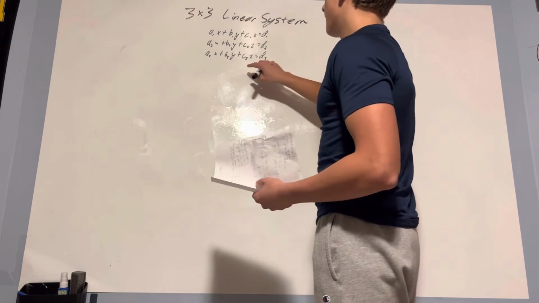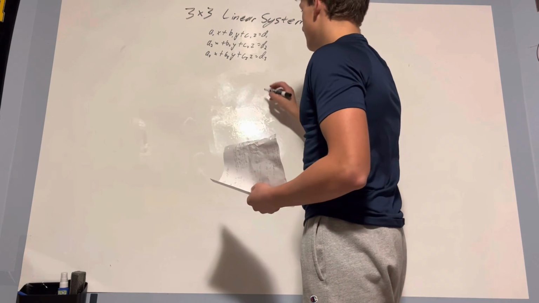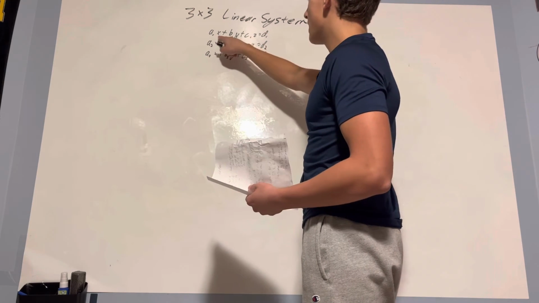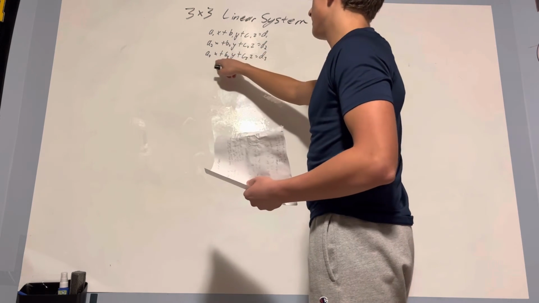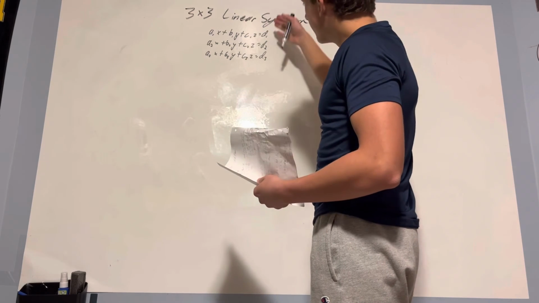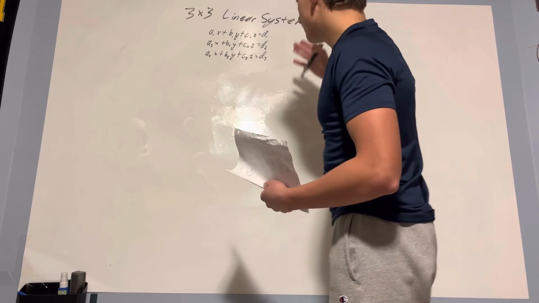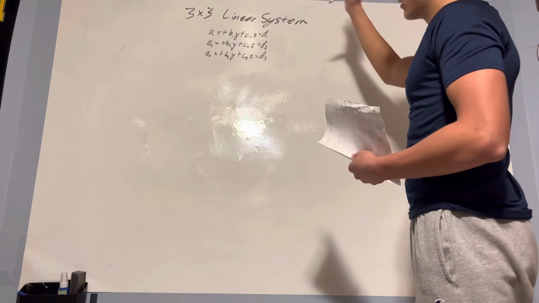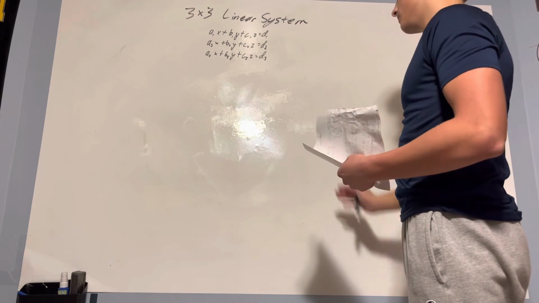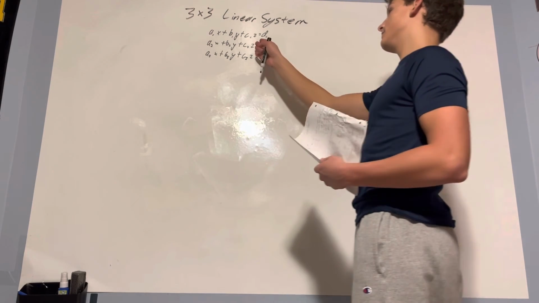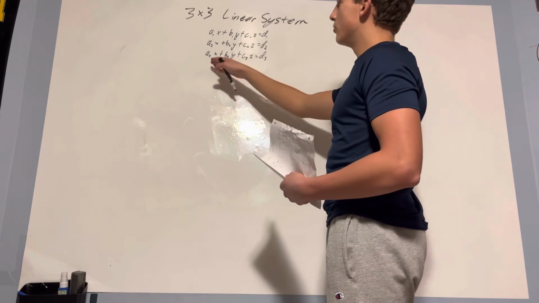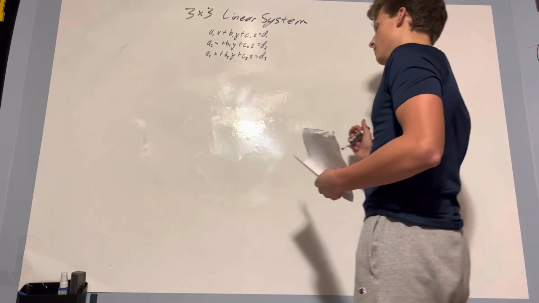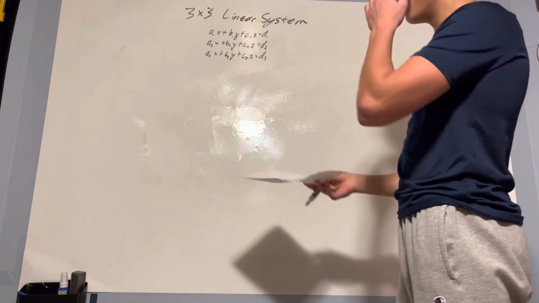So we would have the matrix a1, b1, c1, a2, b2, c2, a3, b3, c3, multiplied by the column matrix x, y, z, and that's going to be equal to the column matrix d1, d2, d3. To find x, y, z, we just multiply each side by the inverse of that matrix, and therefore that's how we're going to be able to find x, y, z.